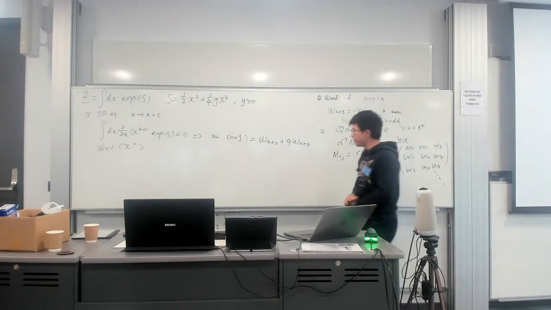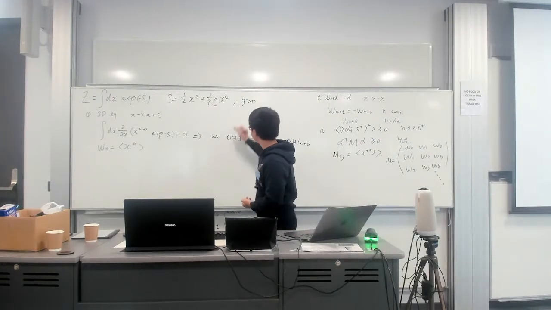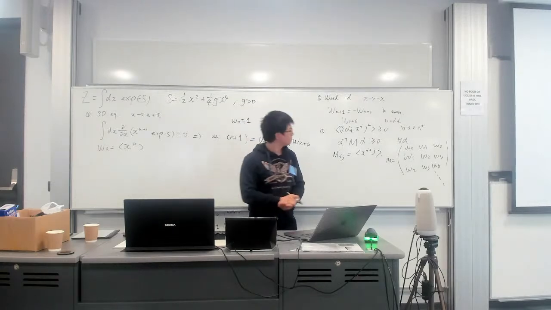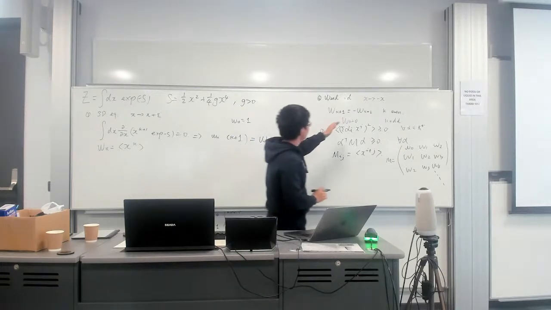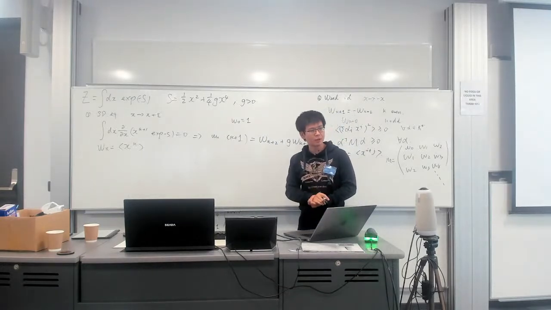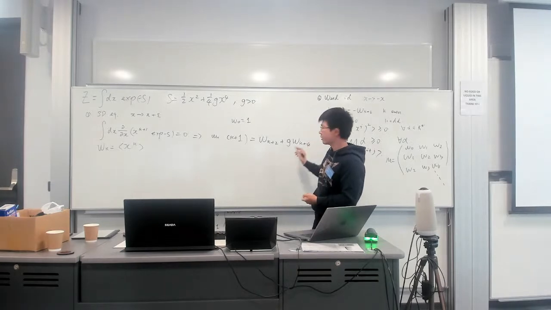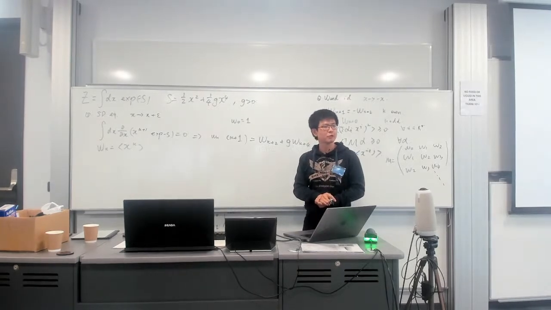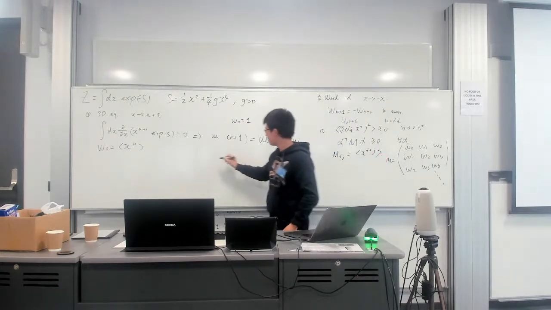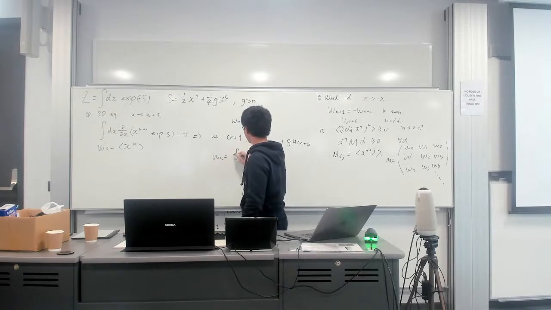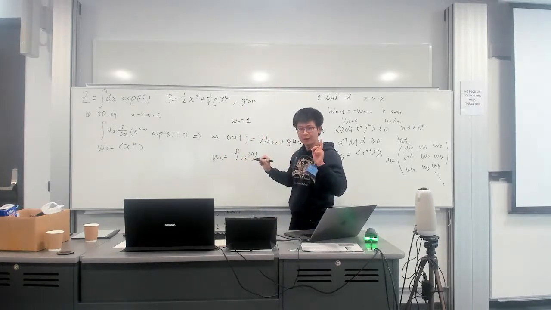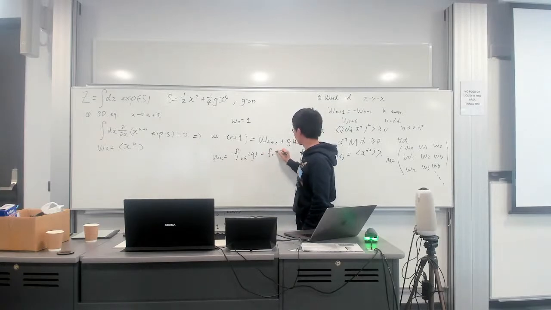Also, by looking at the recursion relation, I remind you that W0 equals 1 by normalization, and all the odd moments are 0. For the even ones, you can solve this recursion relation. You can solve W4 in terms of W2, because W0 is 1. So what's the final result? W_k can always be expressed as a constant term plus some linear term.